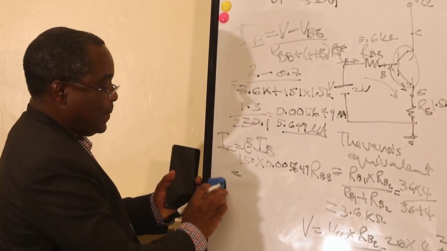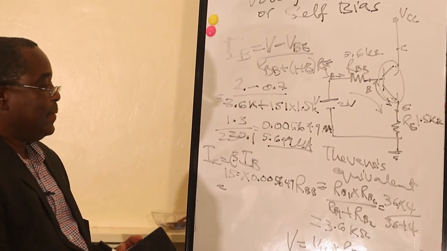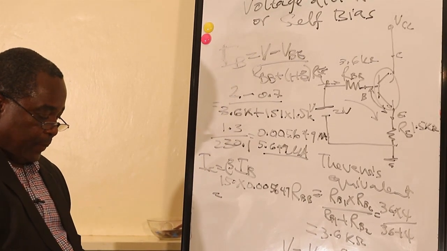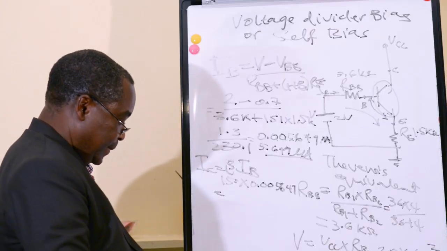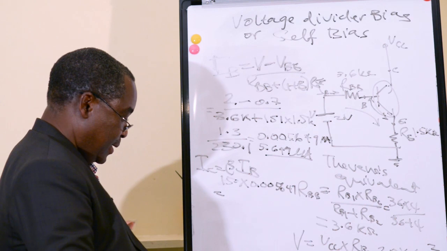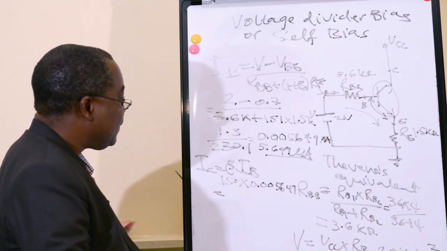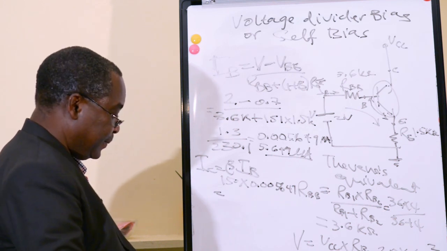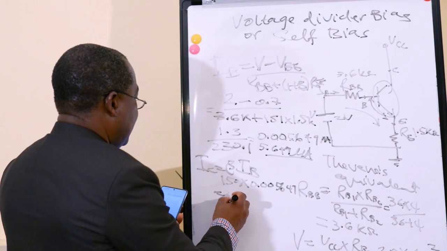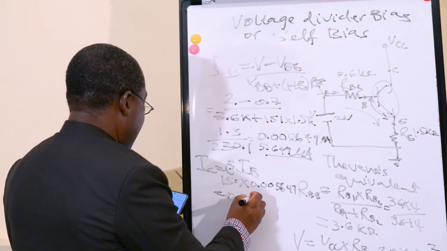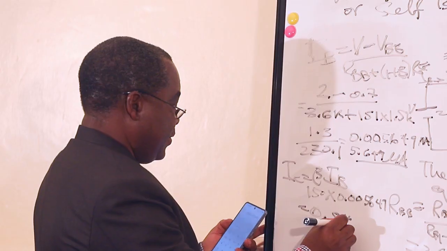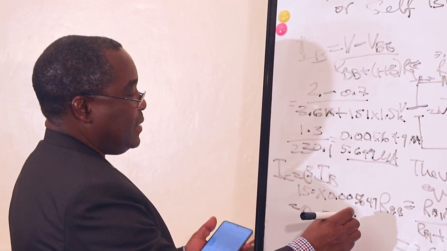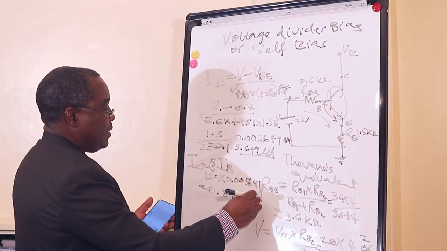It's another algebra here, you can use a calculator also. 150 times 0.005649, we have here 0.847 milliampere, our IC.